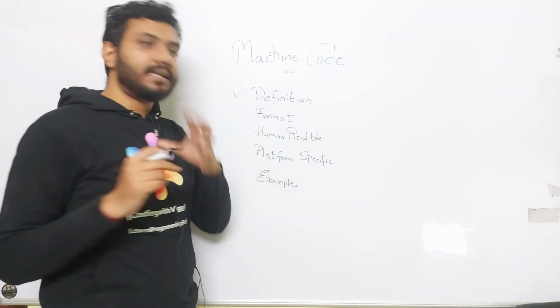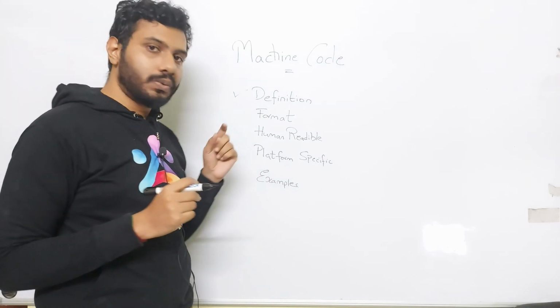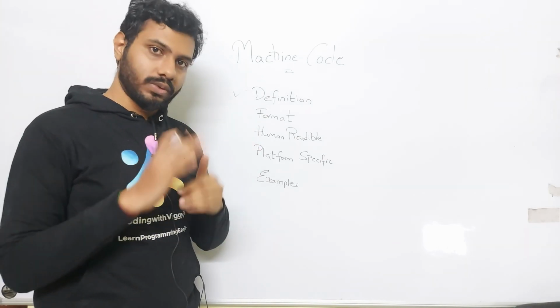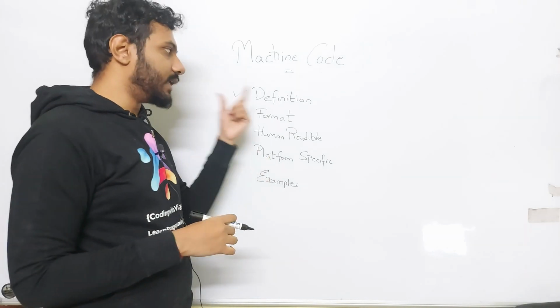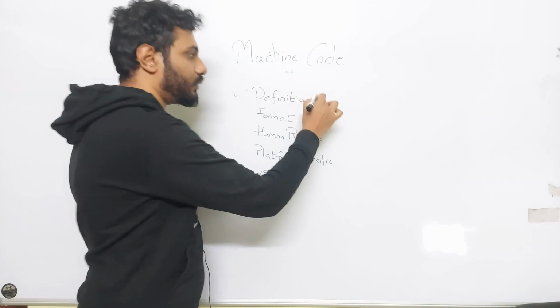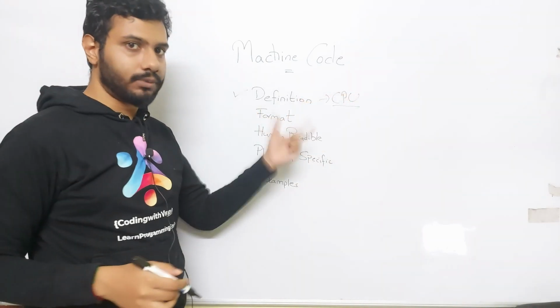It is directly executed by the CPU. So machine code is also known as object code, a set of instructions executed directly by the CPU.